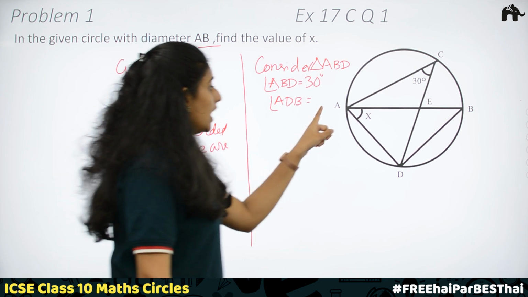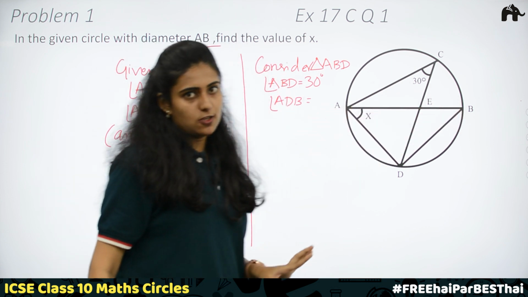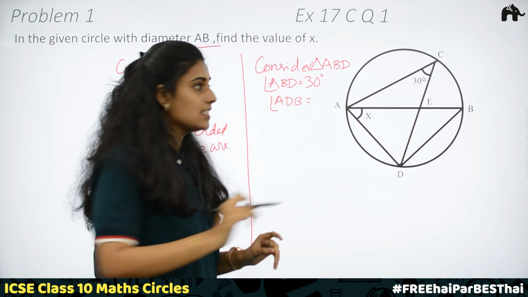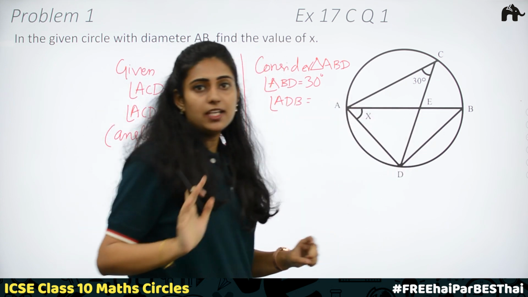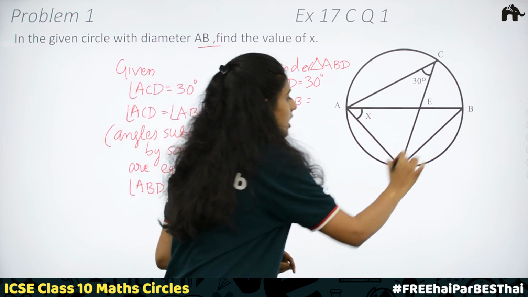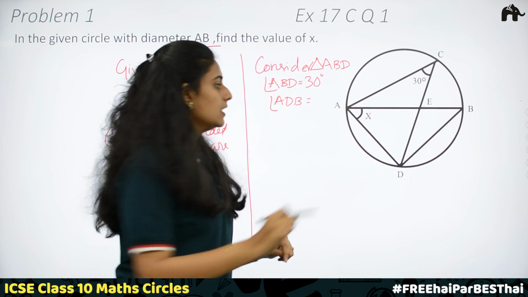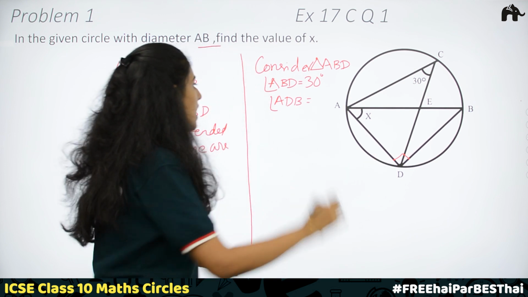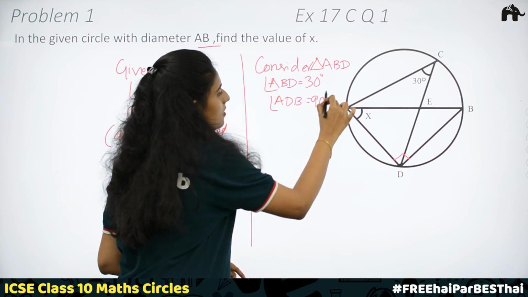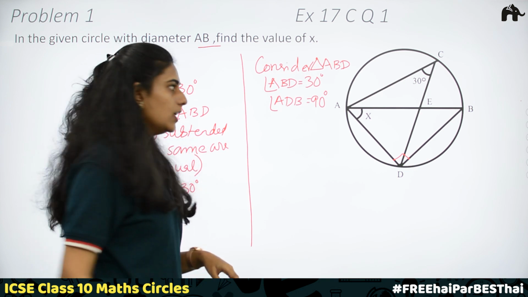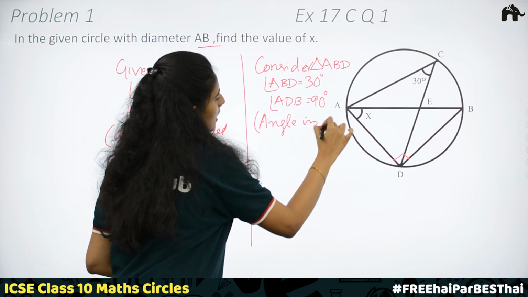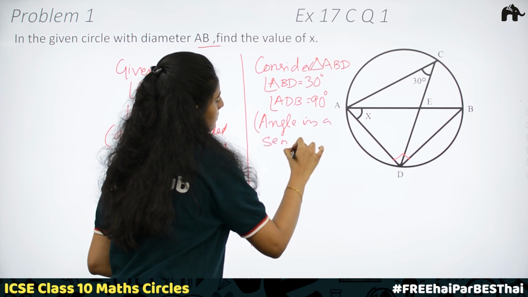Given that AB is the diameter of the circle, the diameter subtends an angle of 90 degrees. Yes, angle in a semicircle will be equal to 90 degrees. ADB is an angle in a semicircle. Therefore, its measure should be 90 degrees, or it should be a right angle. ADB is equal to 90 degrees. What is the reason? Angle in a semicircle.